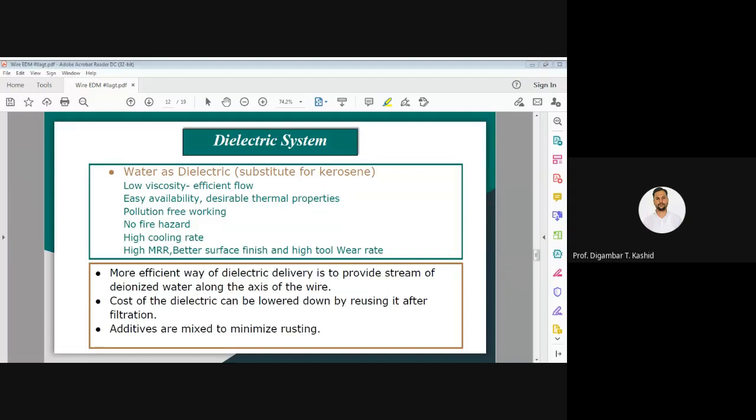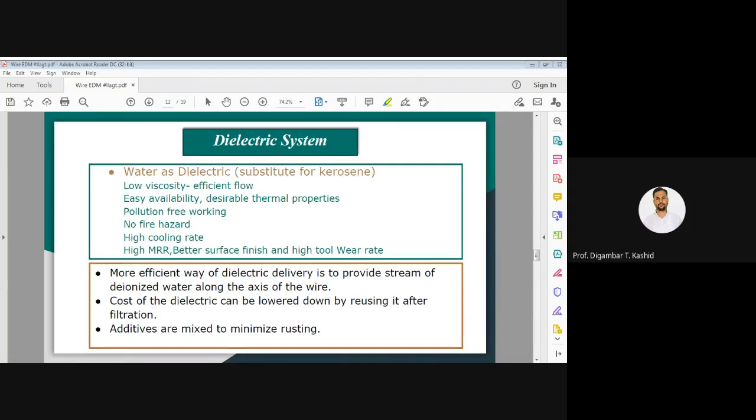So that point also we need to consider, and we get that high material removal rate, MRR, on the workpiece. So the same is the requirement of this process.